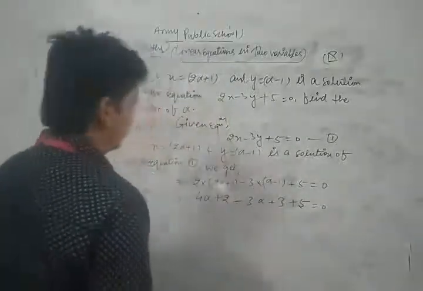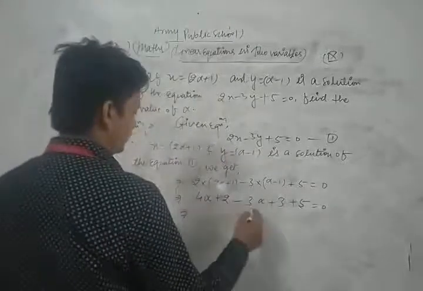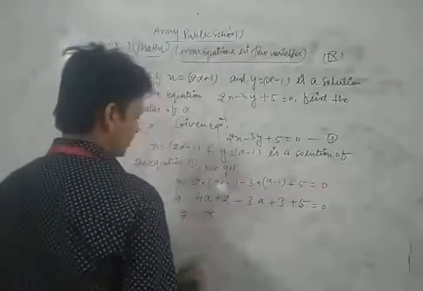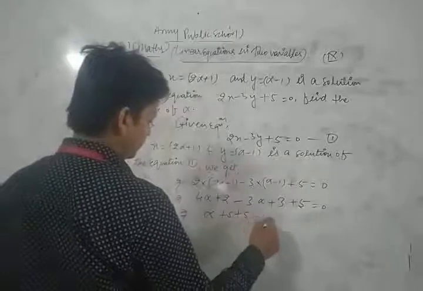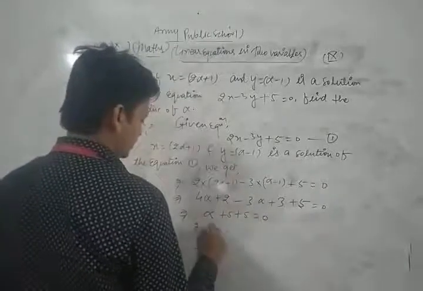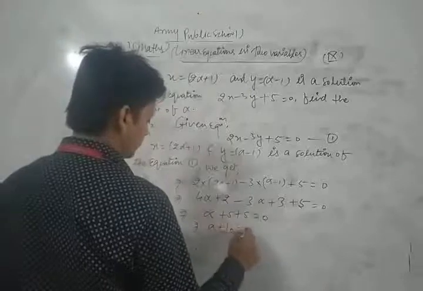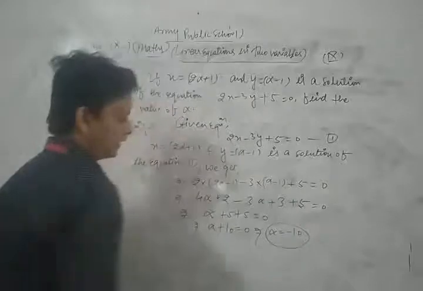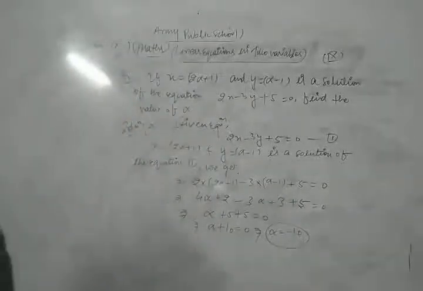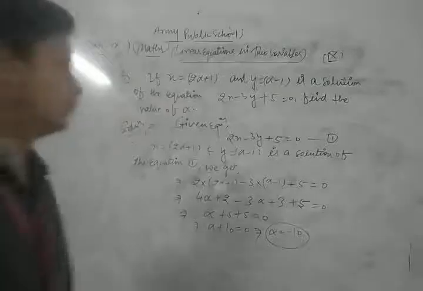Now let's see, this is 4 alpha minus 3 alpha, that is alpha. This is plus 2 plus 3, this is plus 5, and plus 5 already here is equal to 0. Thus this is alpha plus 5 plus 10 is equal to 0. Now the value of alpha is equal to minus 10. Thus the value of alpha is minus 10.